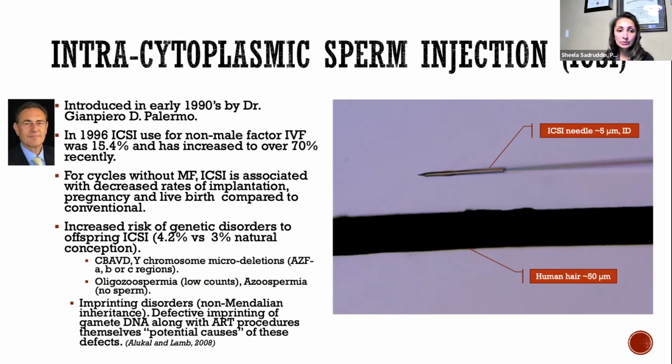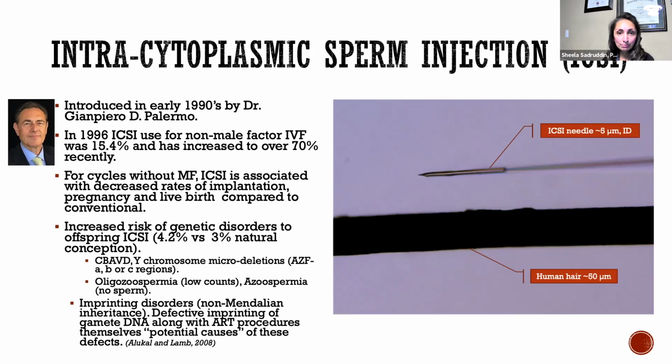To date, over 70% of labs are using ICSI for non-male factor cases. And for cycles without male factor, ICSI is associated with decreased rates of implantation, pregnancy, and live birth when comparing that to conventional insemination cases.